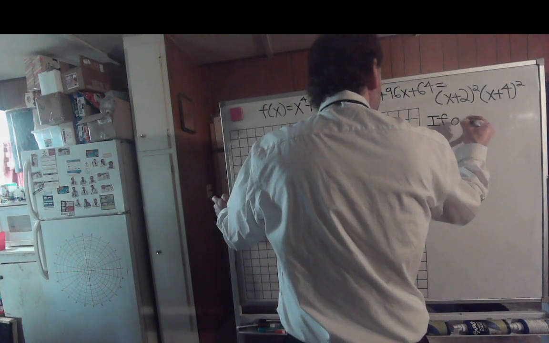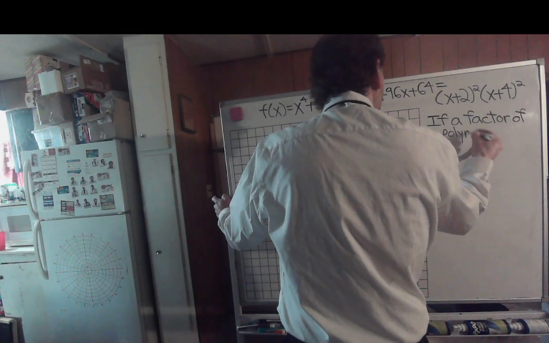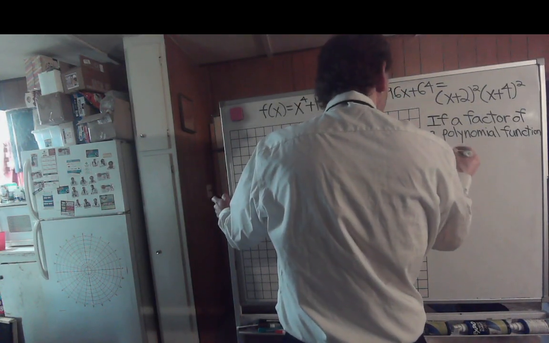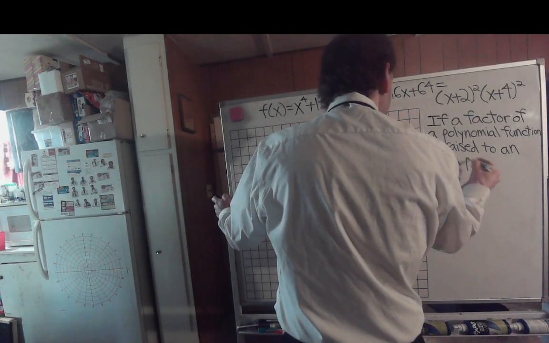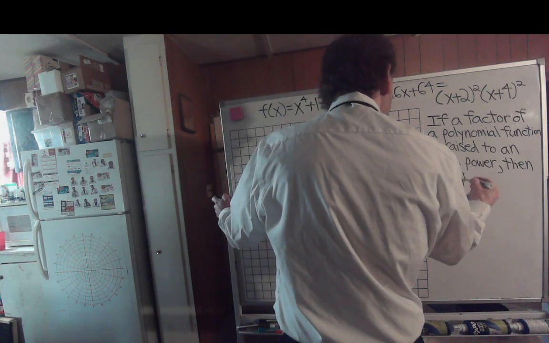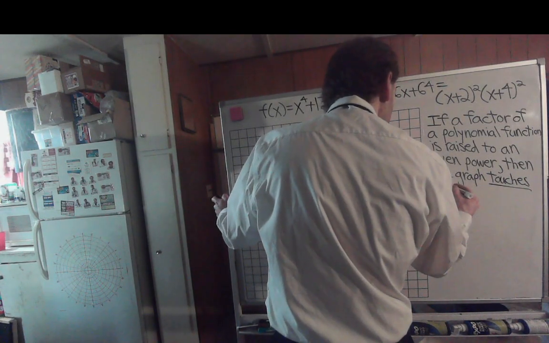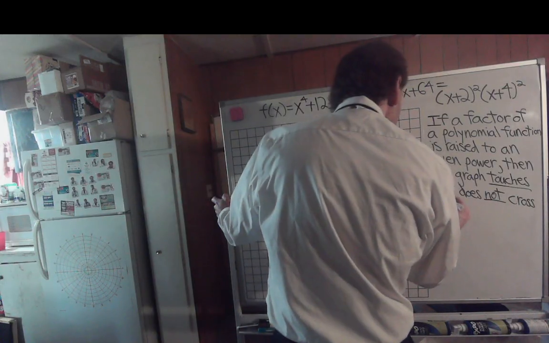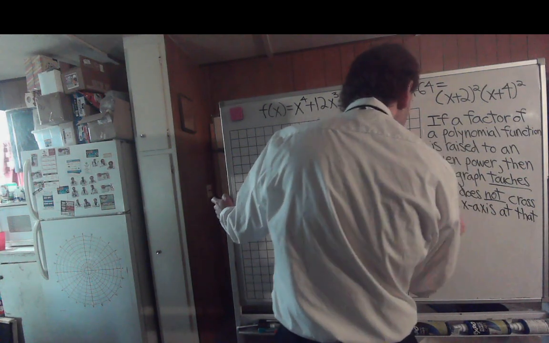If a factor of a polynomial function is raised to an even power, then the graph touches but does not cross the x-axis at that particular intercept.